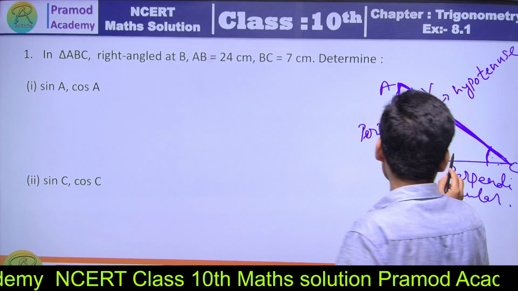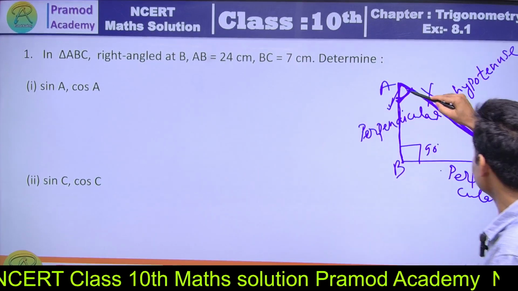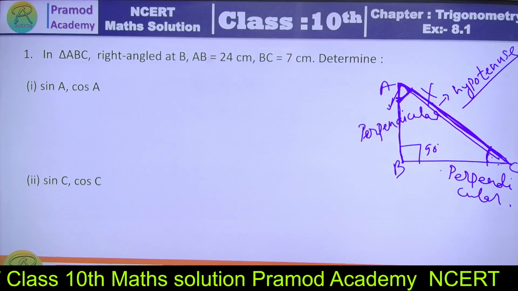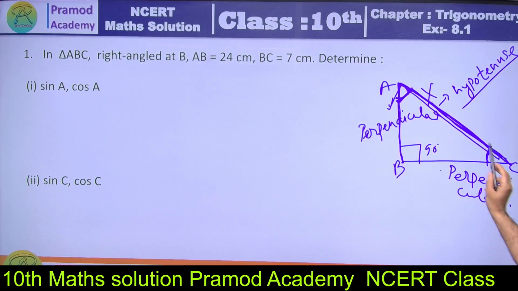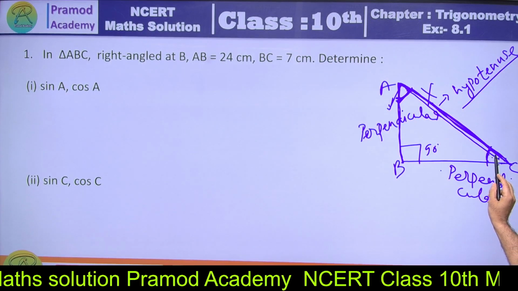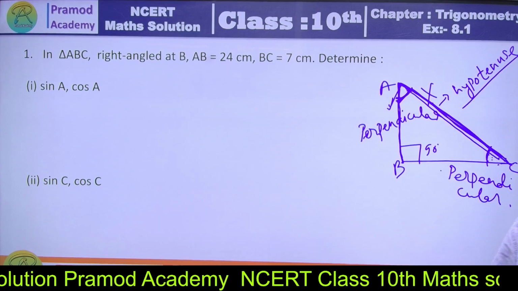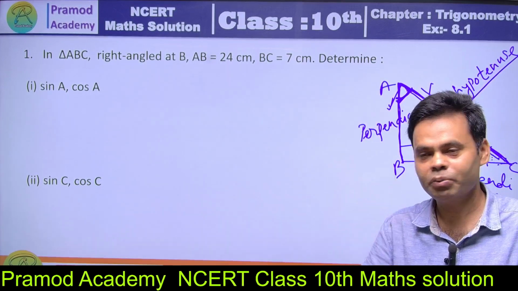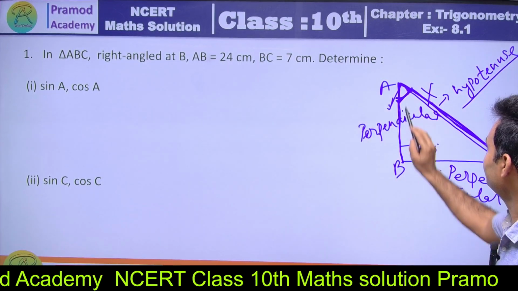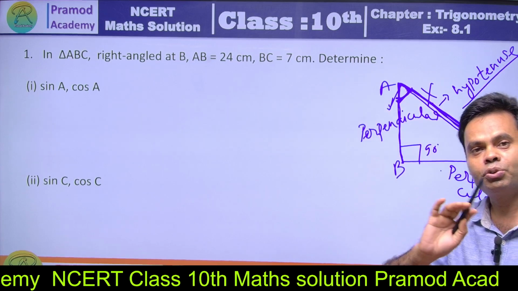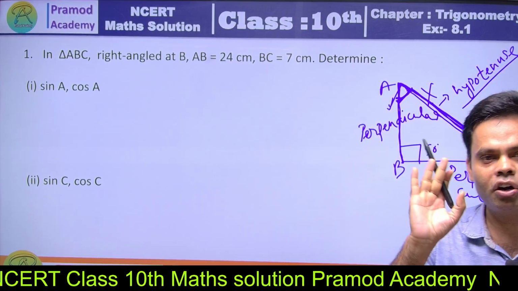So the longest side is called the hypotenuse, the side in front of the given angle is called the perpendicular, and the side connected with the given angle that is not the hypotenuse is called the base.